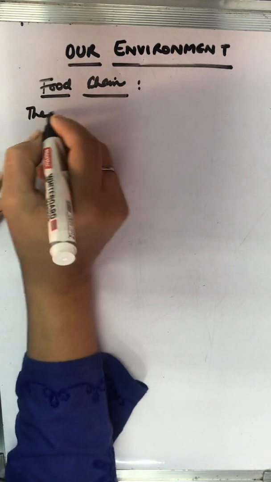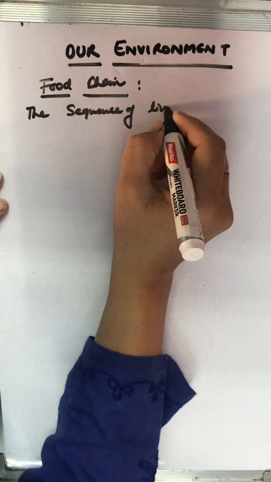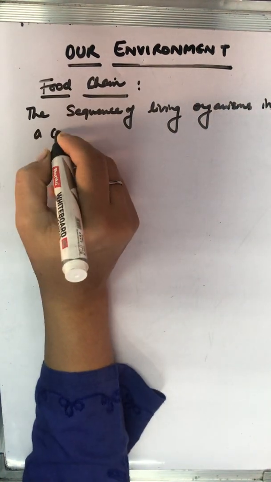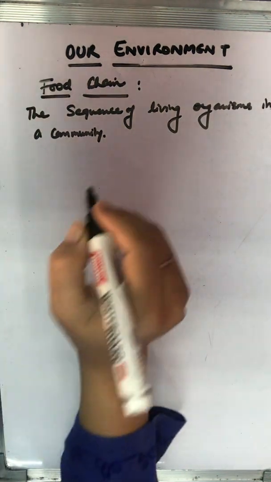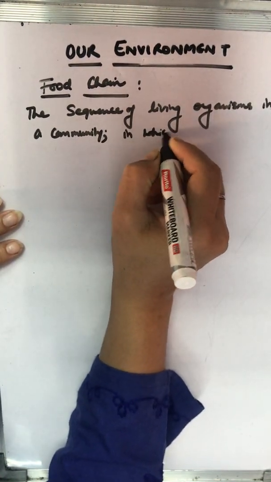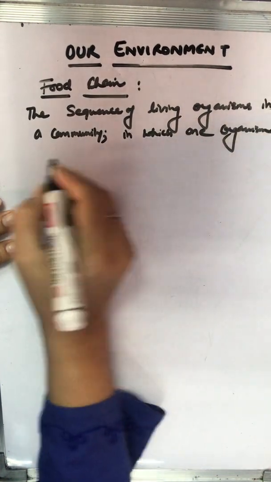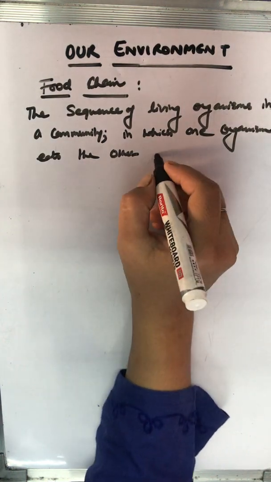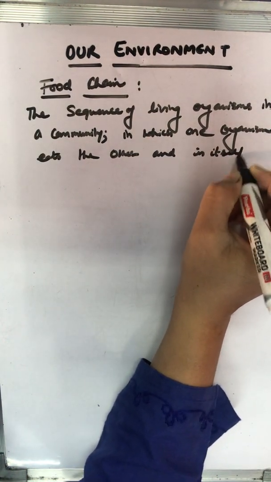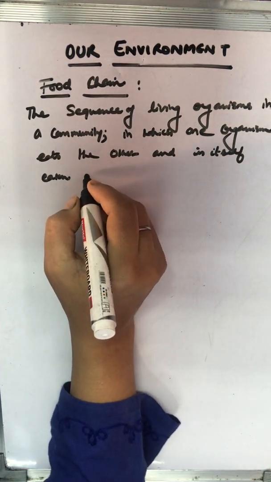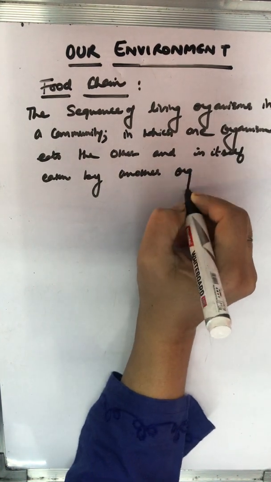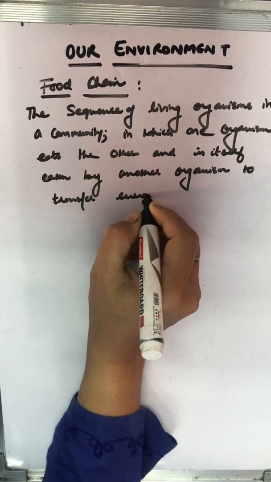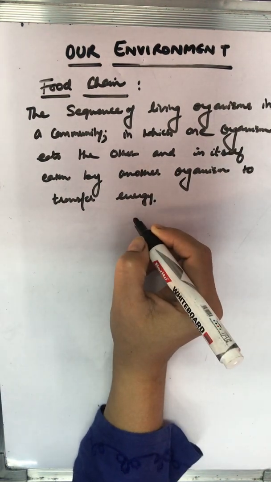It is the sequence of living organisms in a community in which one organism eats the other, and is itself eaten by another organism, to transfer energy. This is known as a food chain.